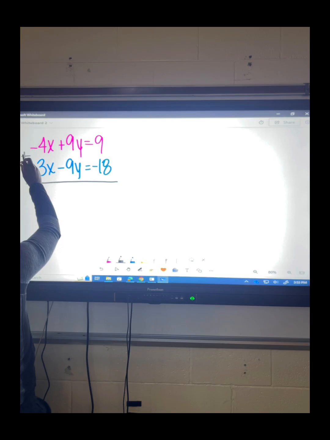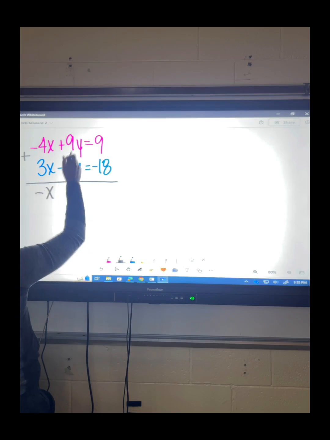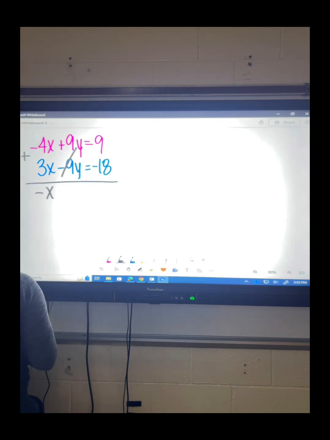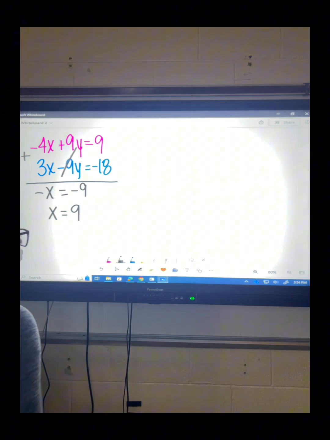So negative 4 plus 3 is negative x. Negative 9 plus positive 9 cancels. 9 plus negative 18, negative 9. I cannot have a negative x, so I have to change my variable. x equals 9. Change my sign. Now I take that and plug it into either one of the equations.